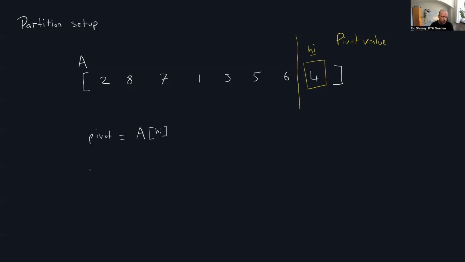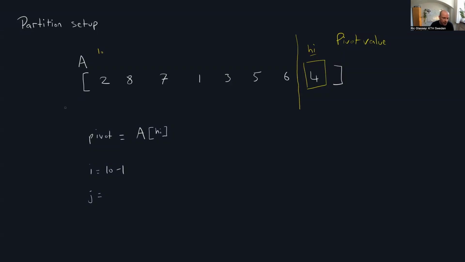Then we have these two other pointers. We have i and we have j. Okay, and they have different roles. So i is going to be whatever the low value is. On the first time around, low is just going to be 0, or the first element in the array. So we're going to have low minus 1.